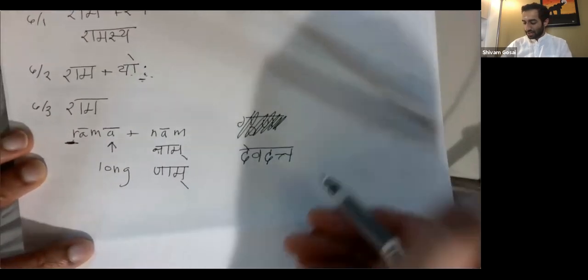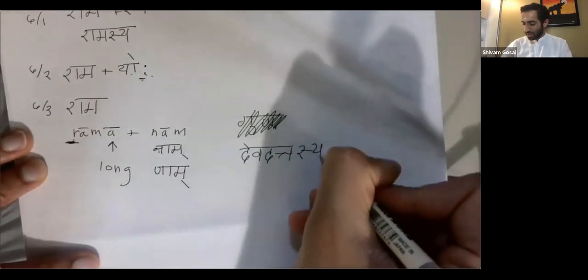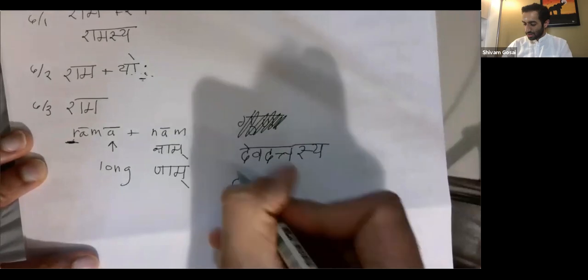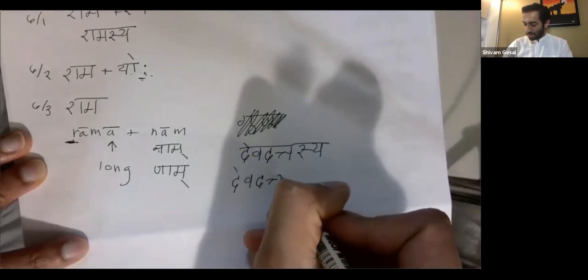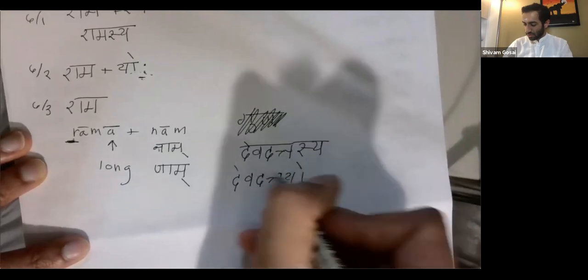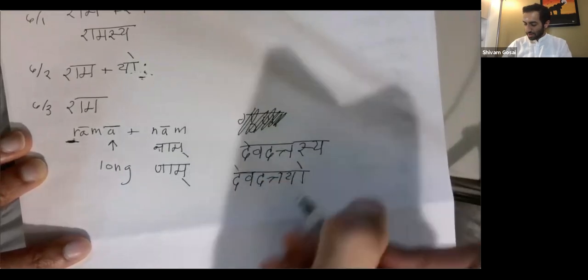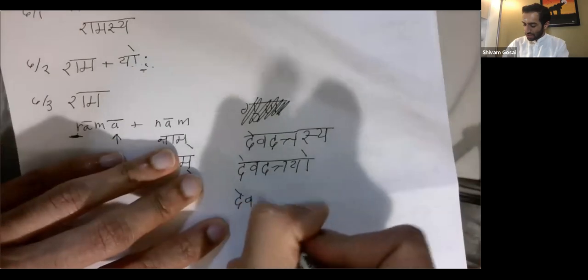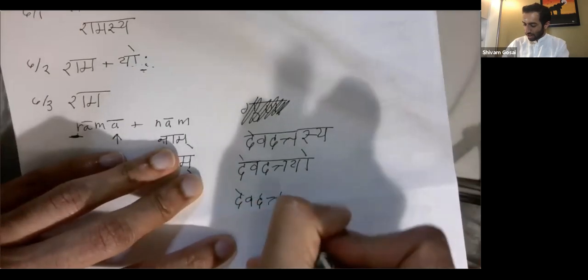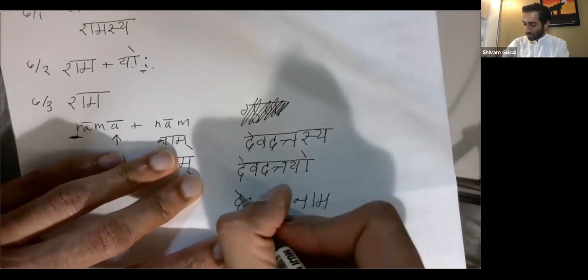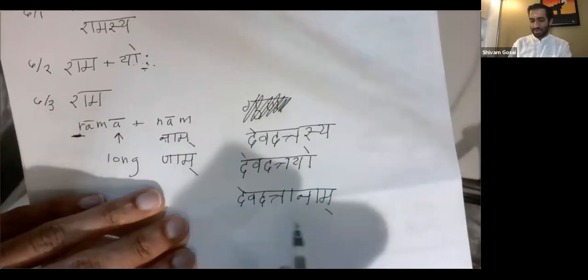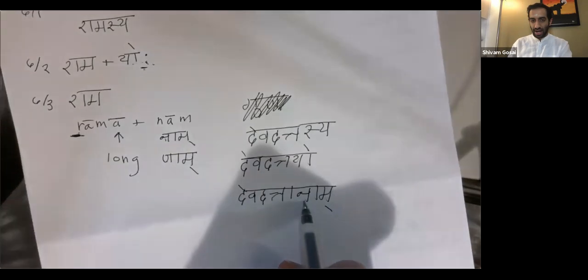Devadatta, we write Devadattasya. Devadatta yoho. And then Devadatta nam. Because there's no rakara or shakara, this stays as it is. It's dantya nakara.